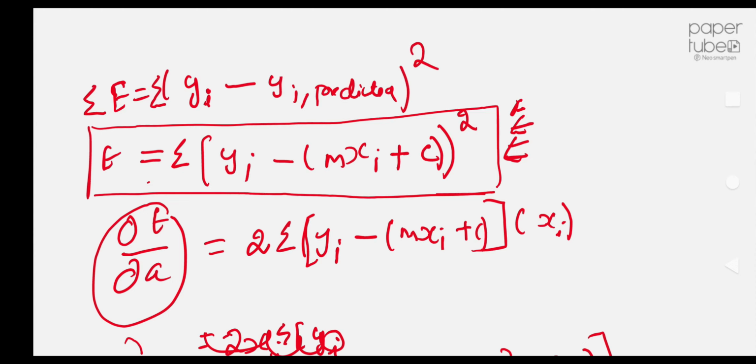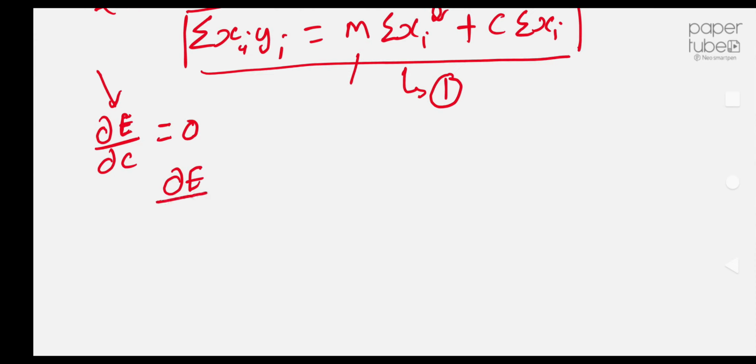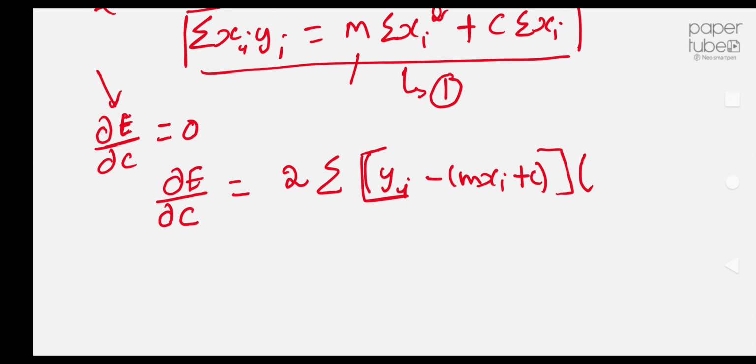I'm going to do it. So the partial derivative of e with respect to c should be equal to the same: 2 times the summation of y of i minus (m x of i plus c), multiplied by, since we are differentiating with respect to c, 1, and since you have a negative sign in this equation, this will be minus 1. And this is equal to 0.